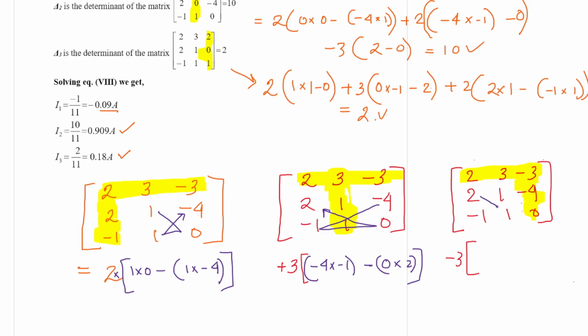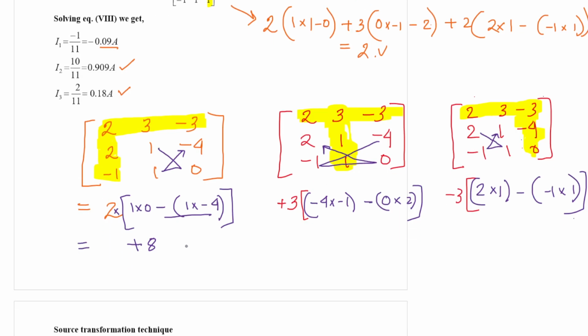So 2 into 1, then minus of minus 1 into 1, like a cross multiplication. So the first term will come out to be plus 8, because it is plus 4 and 4 into 2 is 8. The second term will be 12, because minus 4 into minus 1 is 4, and 4 into 3 is 12.